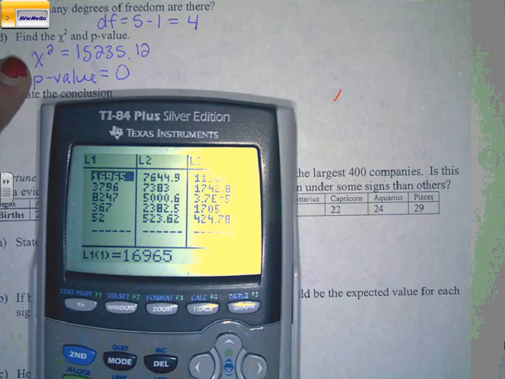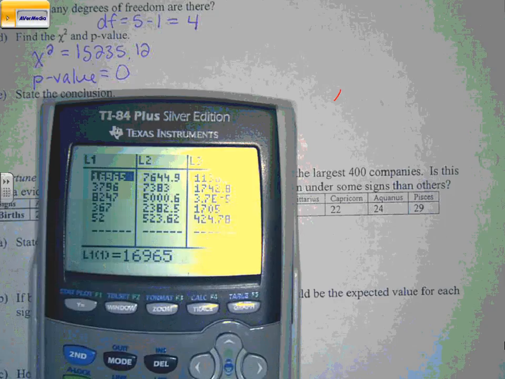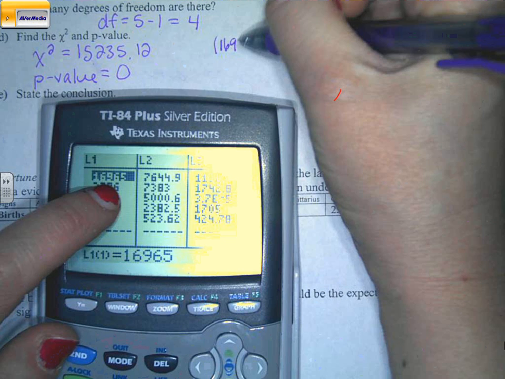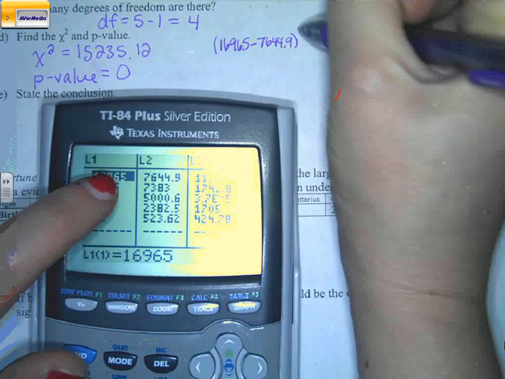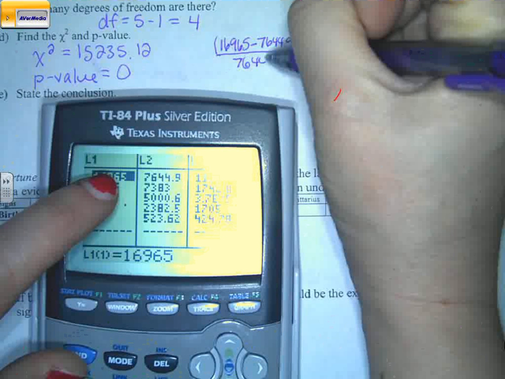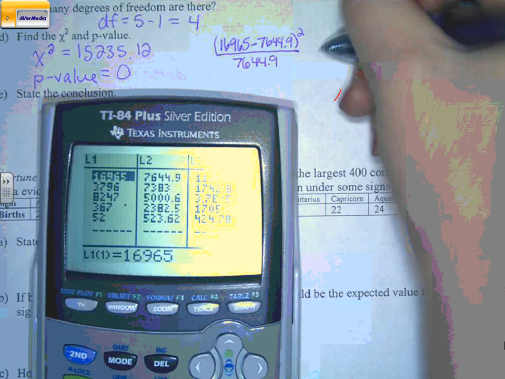And the formula from yesterday is observed minus expected. So just start with the first one and do the observed minus the expected, squared, and then it's divided by the expected. Okay, that's one term of the calculations.